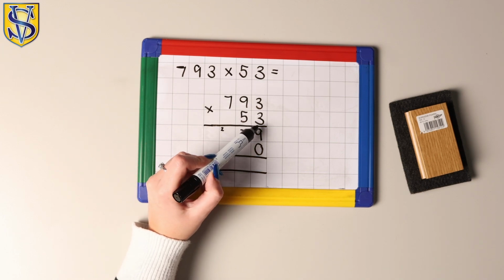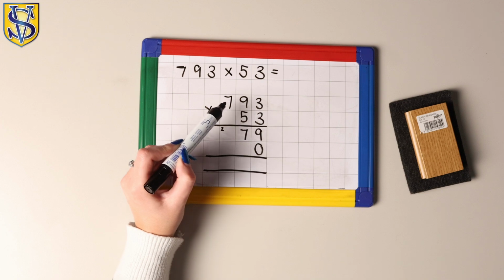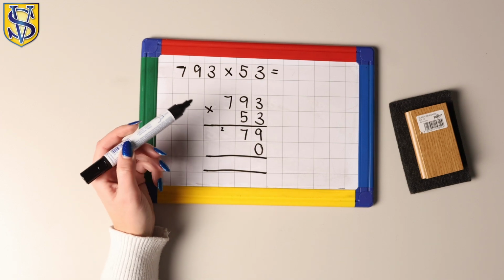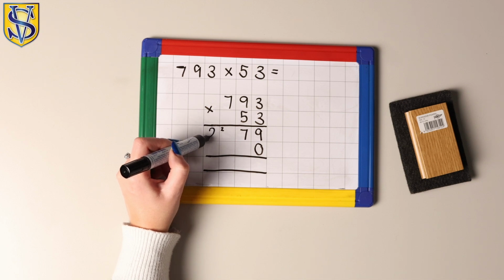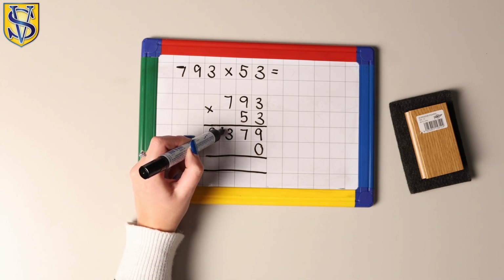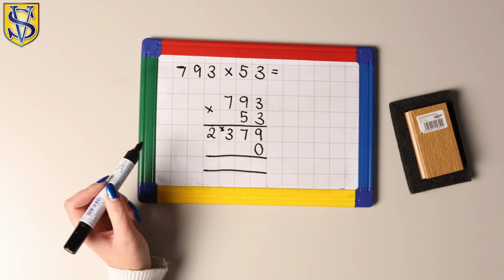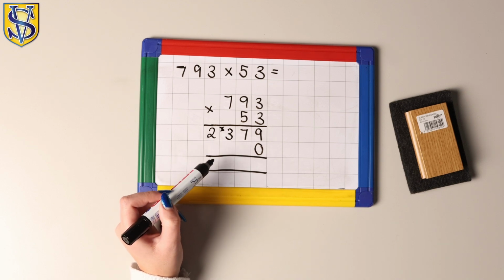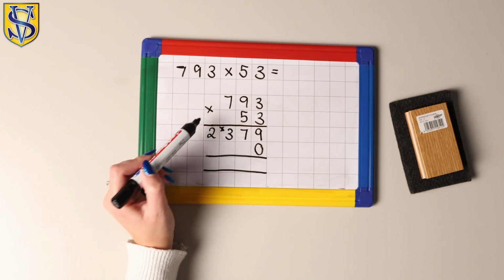So once again, sticking with the 3, 3 times 7, or 7 times 3 is 21. Add the 2 is 23. I'm just going to cross that out, stop any confusion.